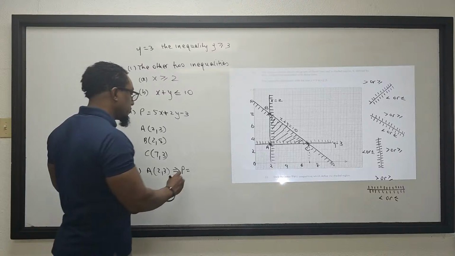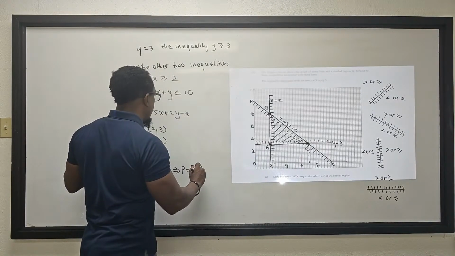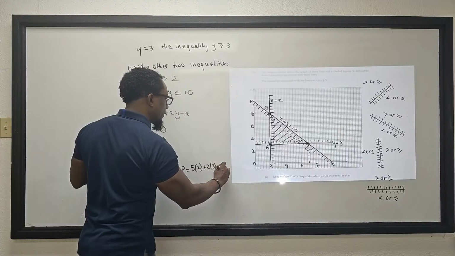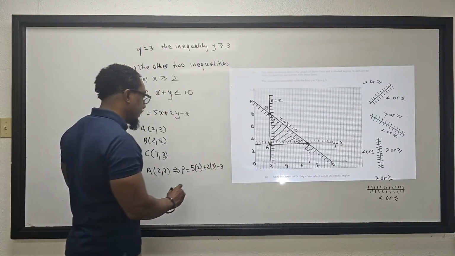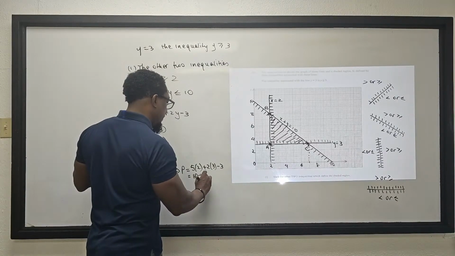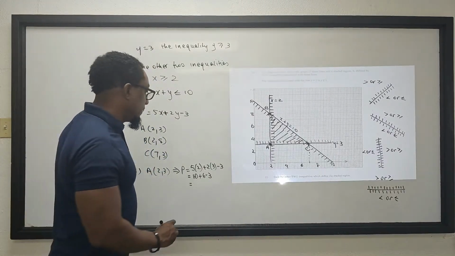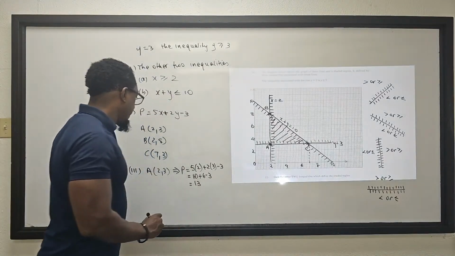Let me replace x with 2 plus 2, and replace y with 3 minus 3, and therefore I'm going to get 10 plus 6 minus 3, which is 16 minus 3 to give me 13.